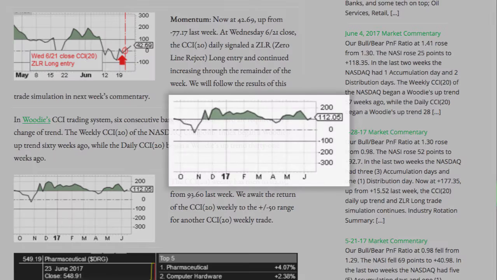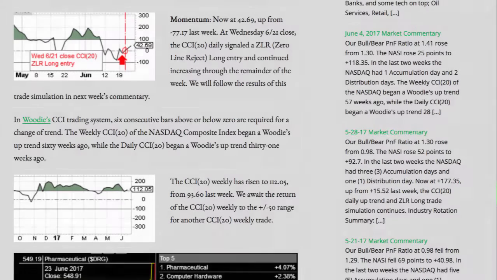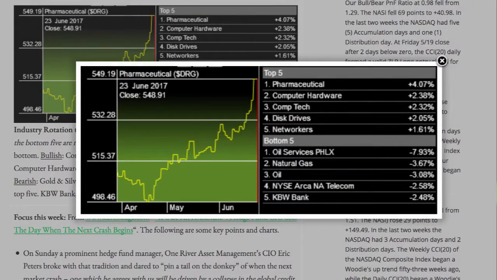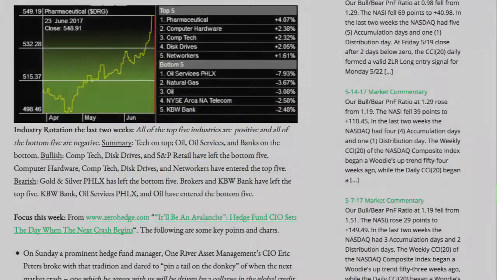The CCI 20 weekly has risen to a positive 112.05 from a positive 93.60 last week. We await the return of the CCI 20 weekly to the plus or minus 50 range for another potential simulated CCI 20 weekly trade.